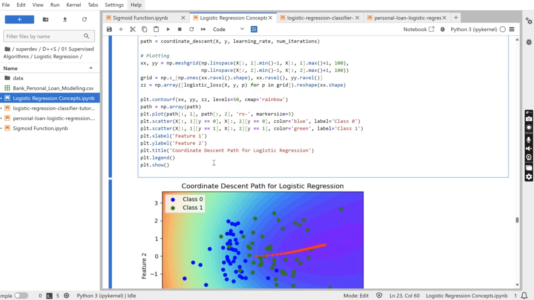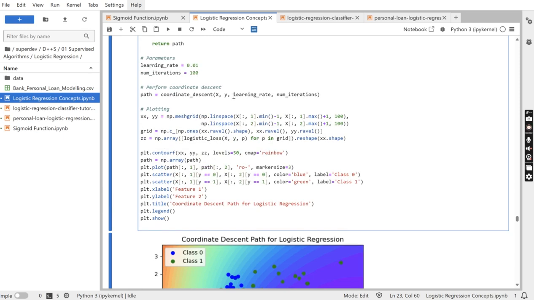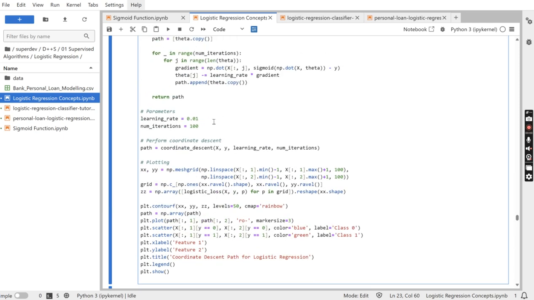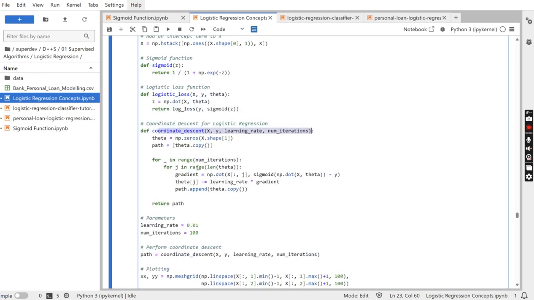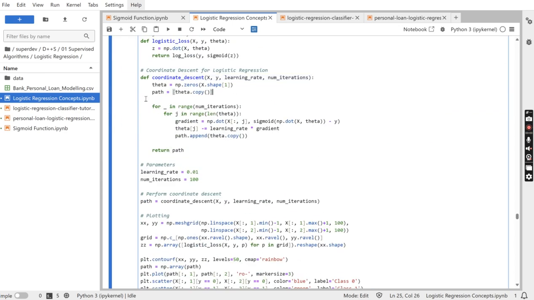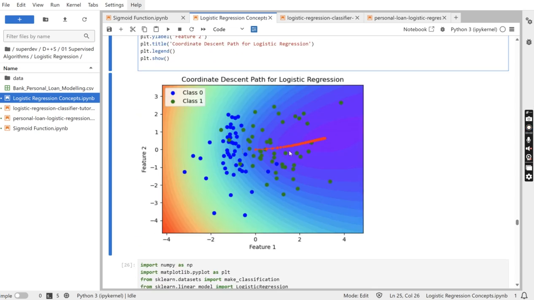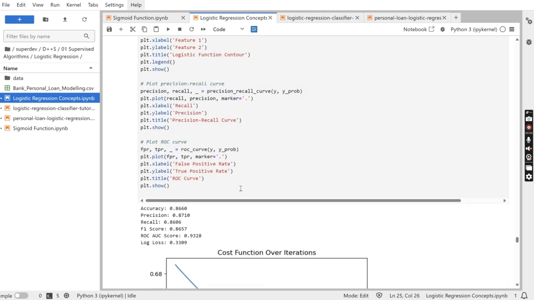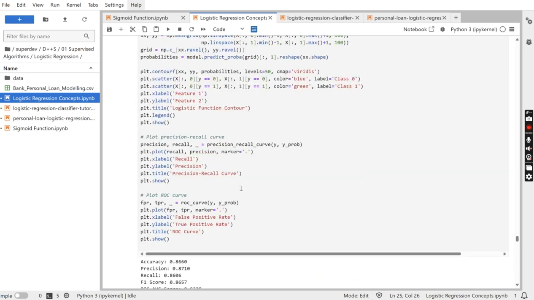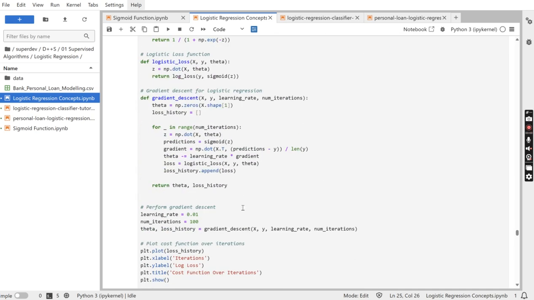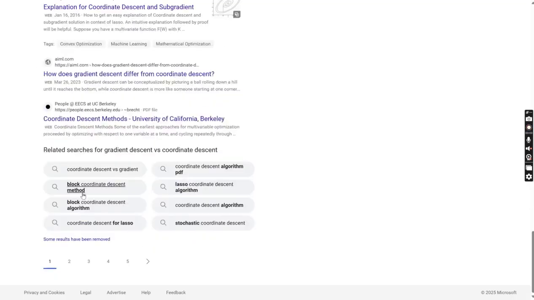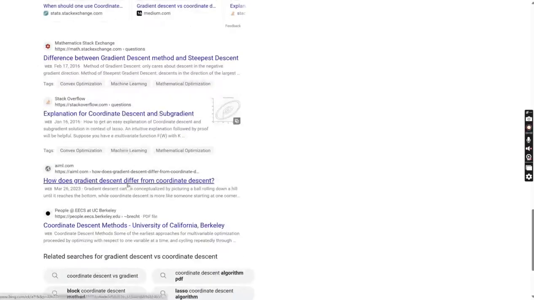But that's not how gradient descent works. Gradient descent has a constant learning rate. In coordinate descent, you have a variable learning rate. It keeps on decreasing, and thereby the slope also decreases. Gradient descent, anyway, I will pull up the differences and explain them to you.